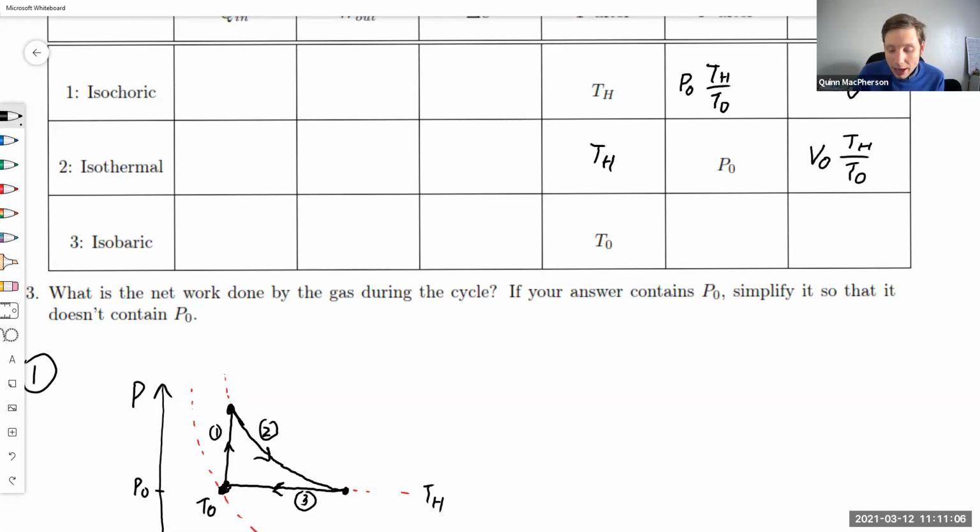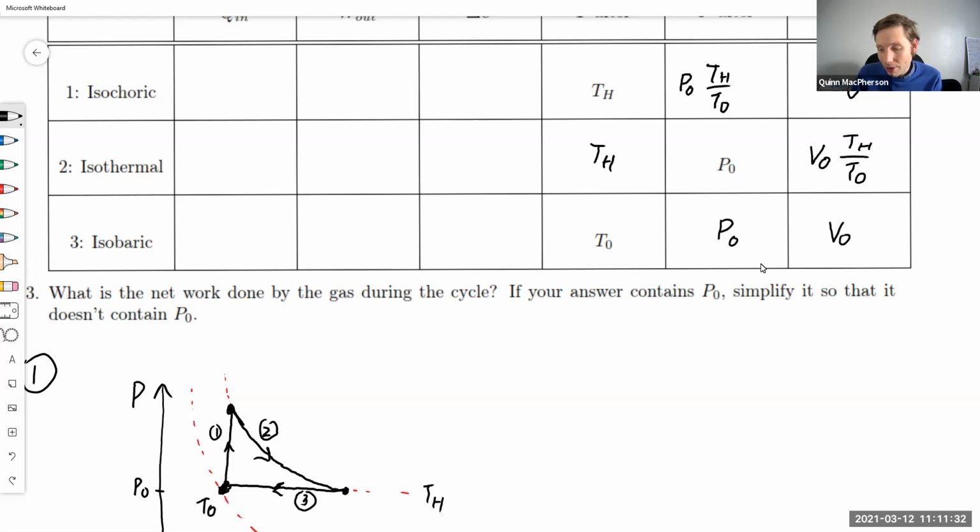And finally, after the isobaric process, we come back to the original volume, and presumably then also the original pressure, because it's PV equals NkT. If N and k are constant, then apparently P, V, and T all must go back to the original.